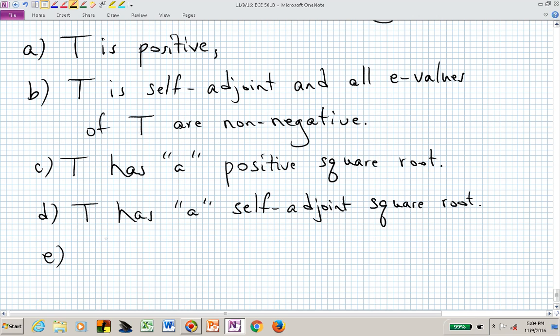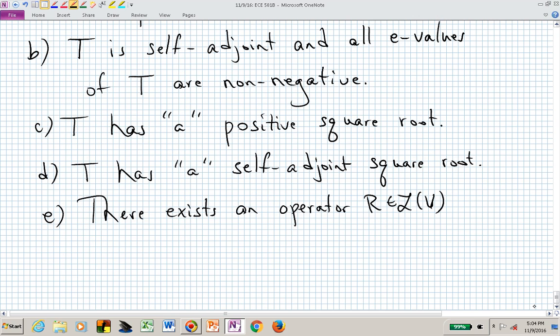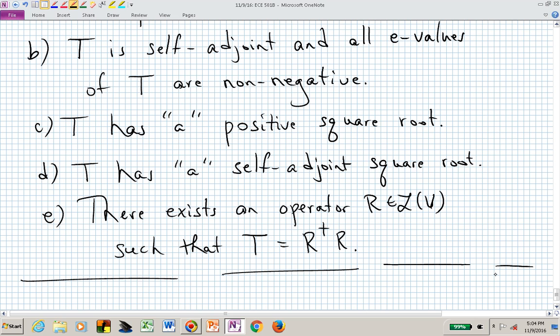E, there exists an operator R that's linear on the vector space such that the positive operator T can be rewritten as the adjoint of R times R. So all of those 5 statements are equivalent.